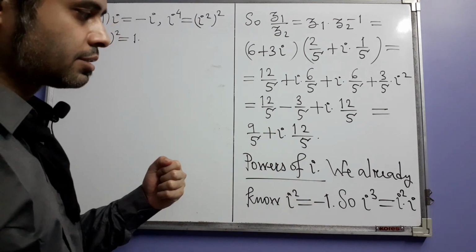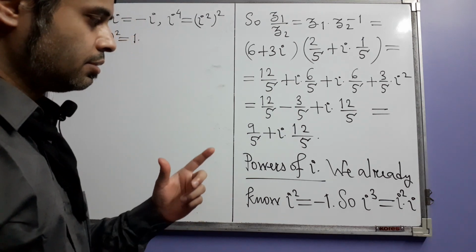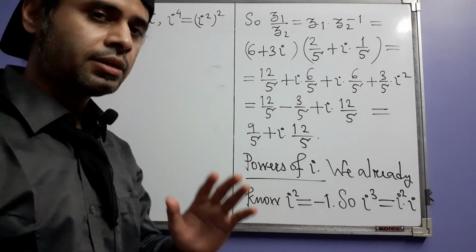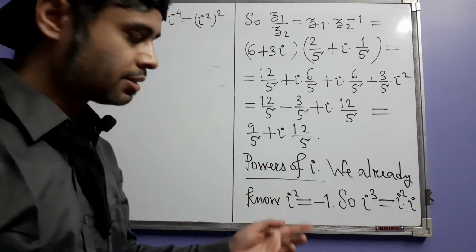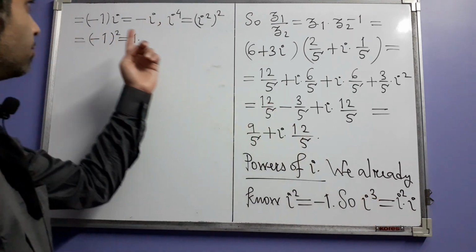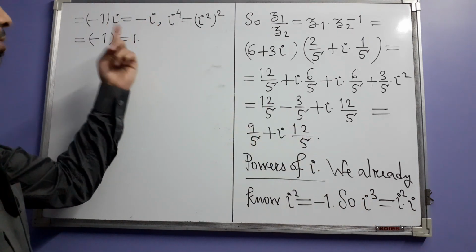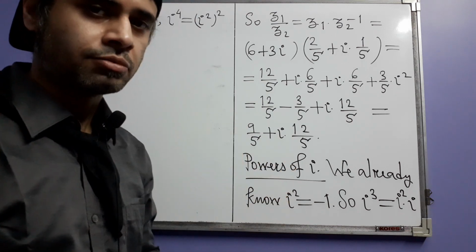So do we have to just keep on calculating these powers? No, luckily, you already have calculated everything that you need to know. The first power is i itself. The second power i squared is minus 1. The third power i cube is minus i, and the fourth power is 1. Let us see how this much is enough.